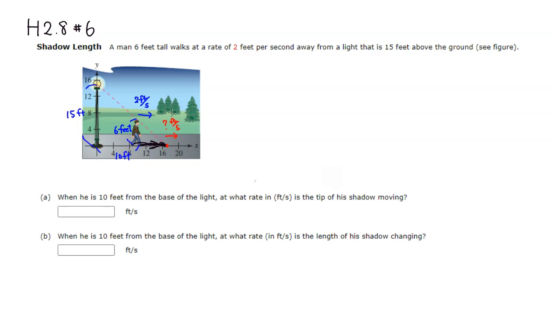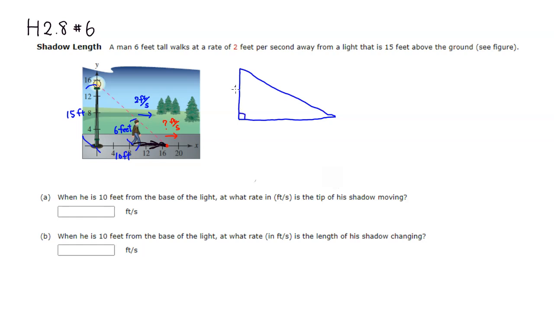So we're going to try to put some variables for changing quantities. Maybe I should draw a picture. It's getting crowded here, so I'm going to draw a big triangle. That's the street light, and this is the tip of the shadow. This is the big right triangle.